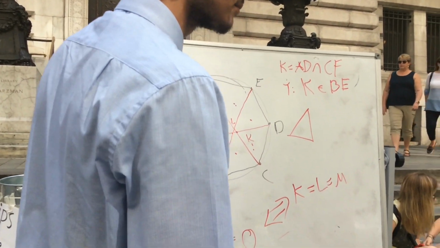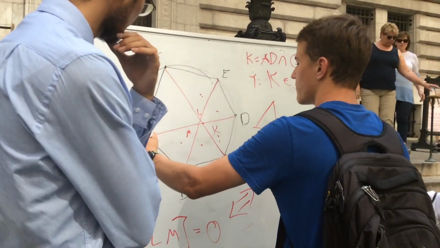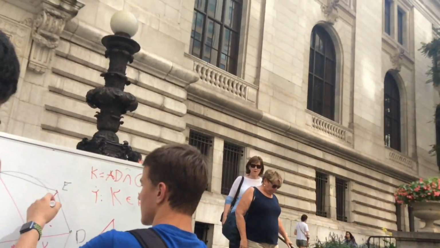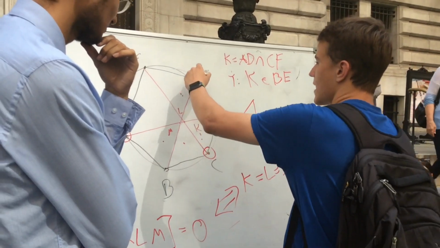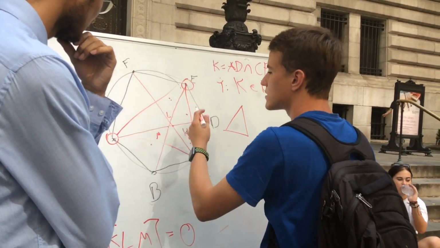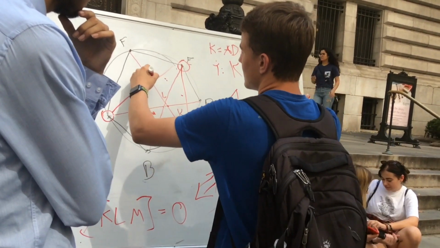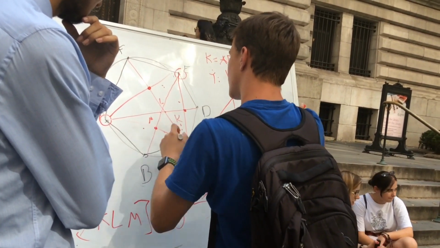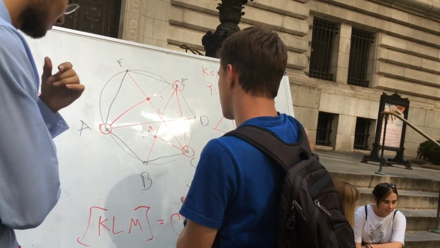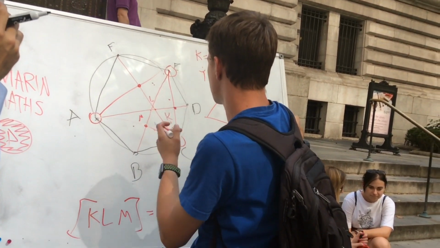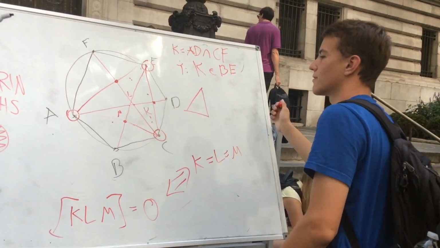You're trying to pick some points and make a triangle with that, and use Menelaus's theorem for the triangle. I don't know if it's that triangle, because it's possible that it will be just. I'm gonna think about that.